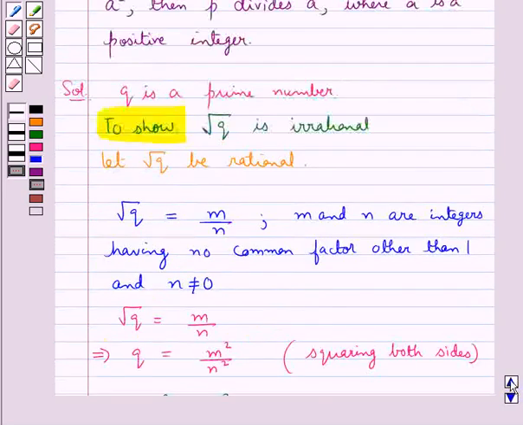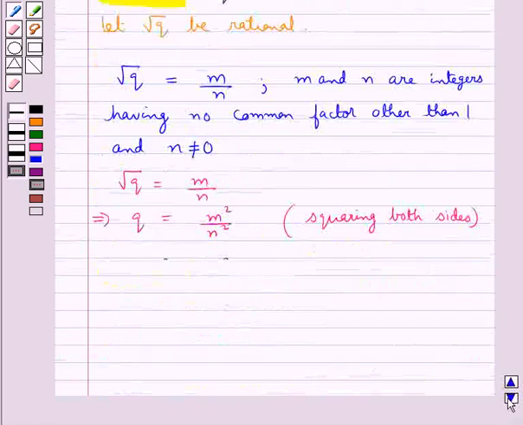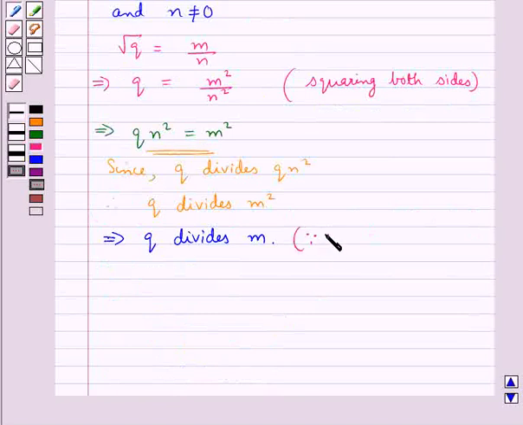Now using the result given in the key idea which says that if p is a prime number and p divides a square, then p divides a. So here we have q is a prime number and q divides m square. So this means q divides m, since q is a prime number and q divides m square.